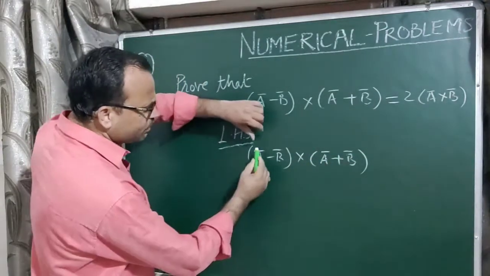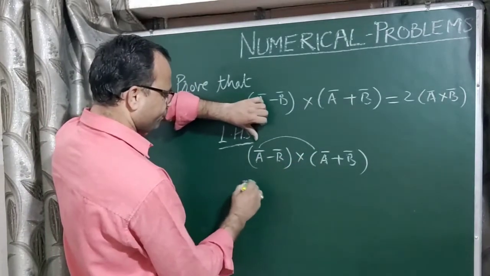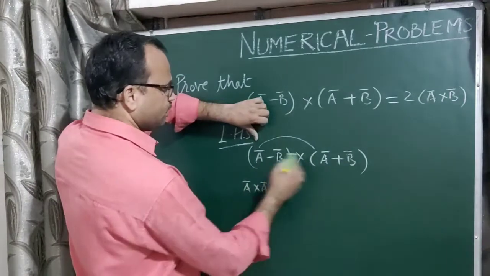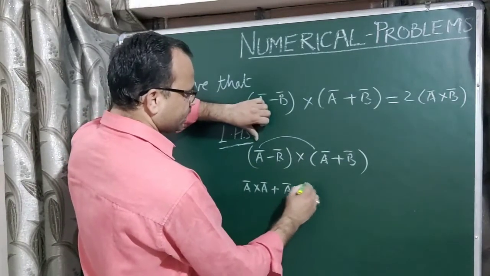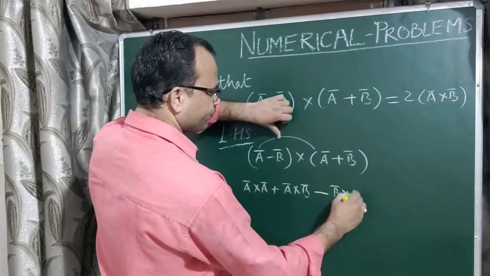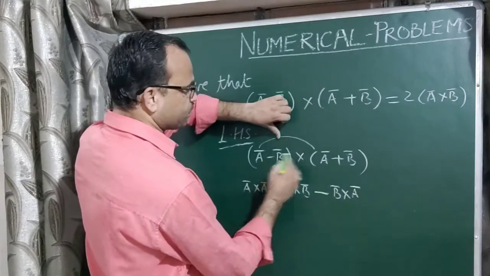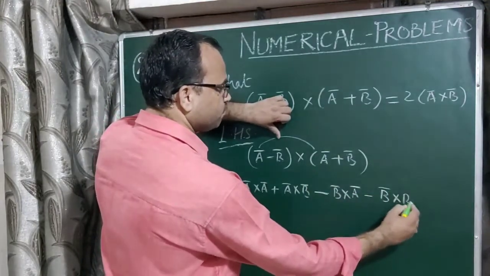After that we simply multiply: A vector cross A vector plus A vector cross B vector, now minus B vector cross A vector, then minus again B vector cross B vector.